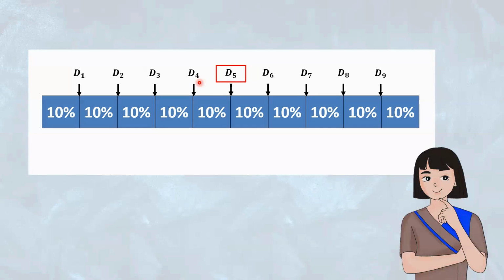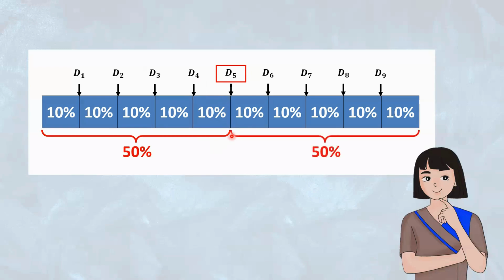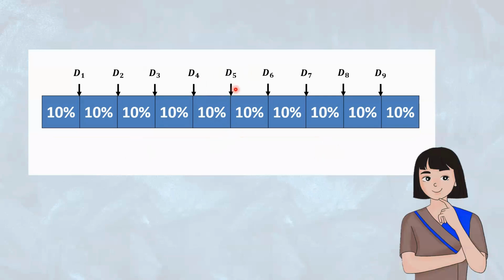Furthermore, if a score falls on decile 5, it means that 50% of the scores in the dataset are less than or equal to our decile 5 value, and the remaining 50% of the scores in the dataset are greater than or equal to our decile 5 value.